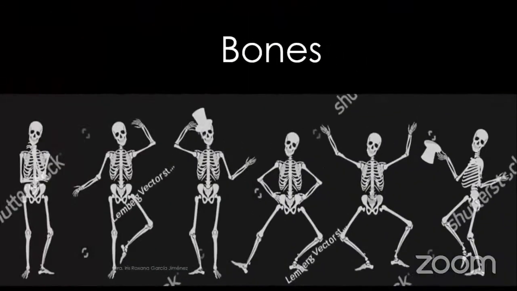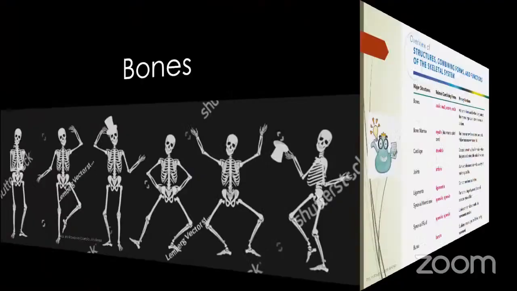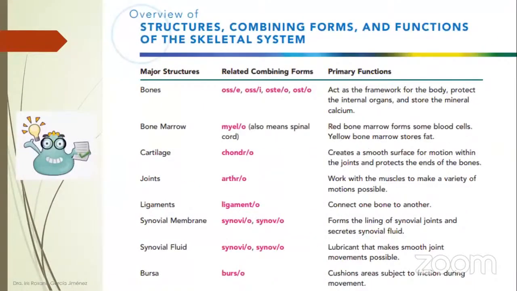Okay, talking about bones, well, we all know that this is a very important system. We always study it at the beginning of every anatomical course. But during these classes, we are going to see this chart when we start a new system. We are going to see the overview of structures, combining forms and functions, in this case of the skeletal system.